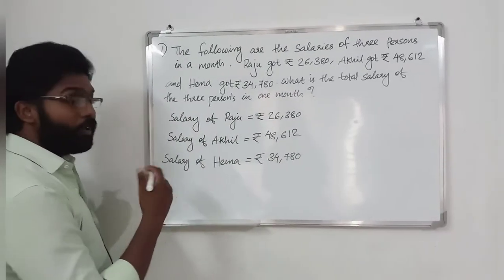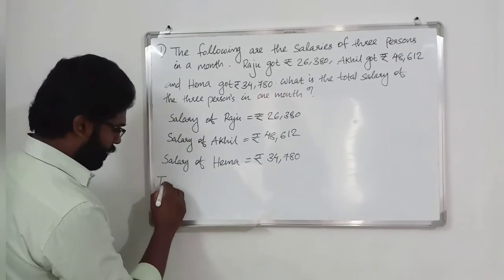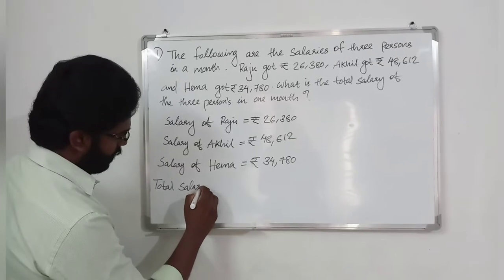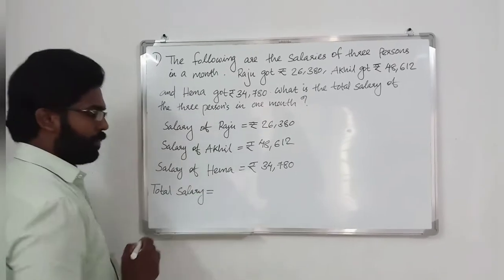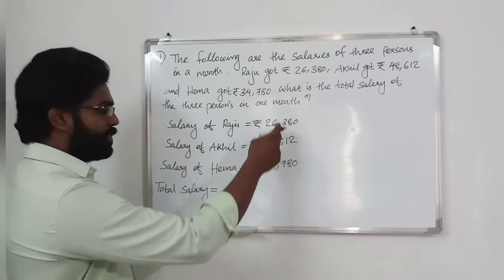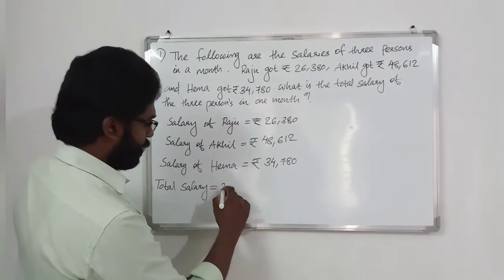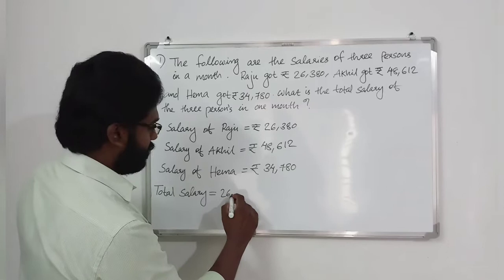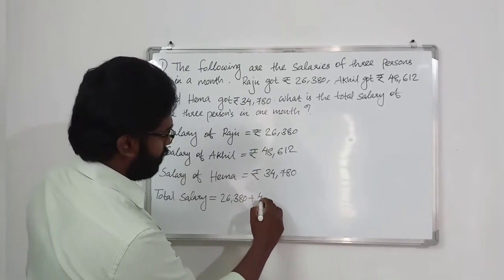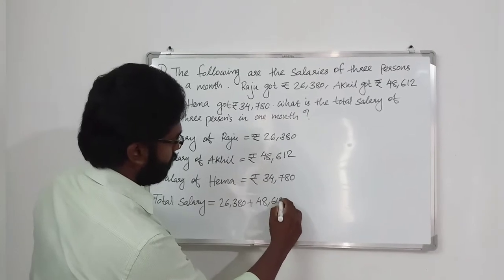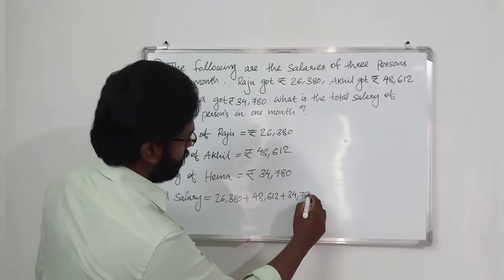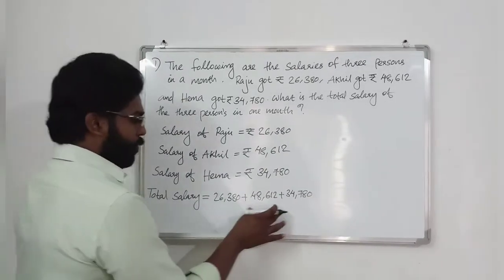Then we can find the total salary. How can we find the total salary? Total salary means add the 3 salaries: 26,380 plus 48,612 plus 34,780. Here there are 3 numbers for adding.